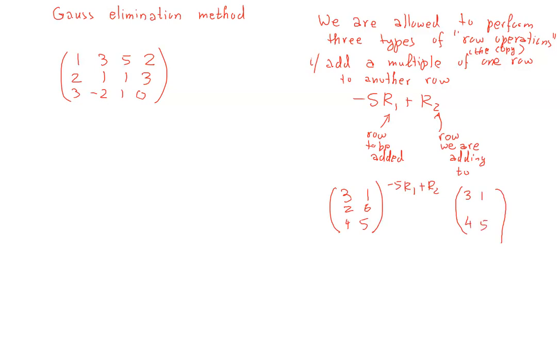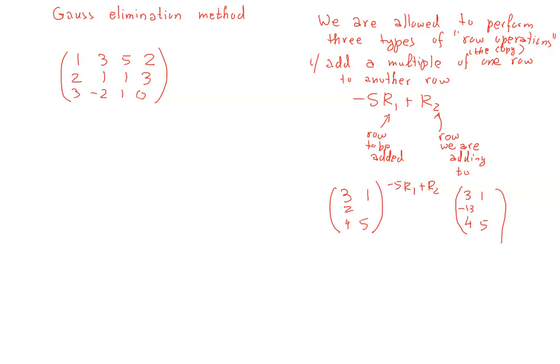The only thing that will change is row 2. And how will it change? I need to multiply every entry of row 1 by -5 and add it to row 2. So -5 times 3, that's -15, plus 6, that's -9. And -5 times 1, this number 1, right? Oops.